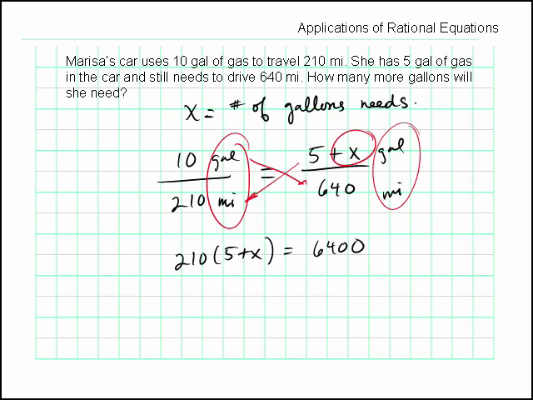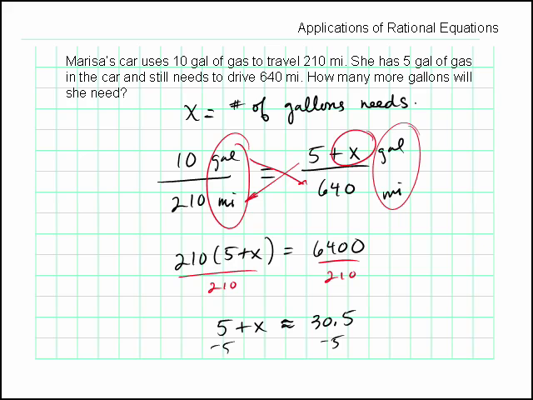Okay, distribute the 210. Or actually, I can divide both sides by 210. 5 plus x equals about 30.5, approximately. And then subtract 5 from both sides.